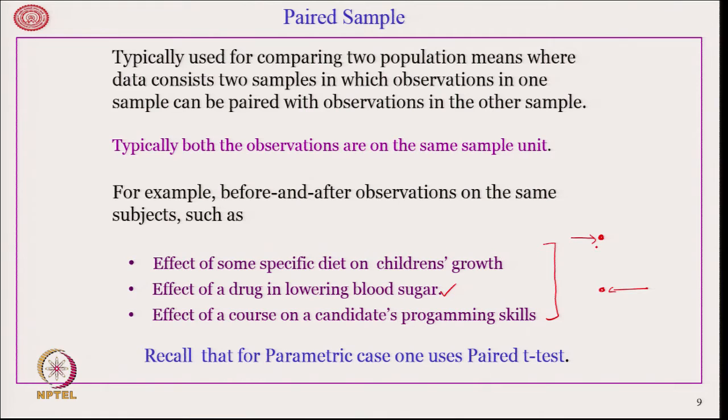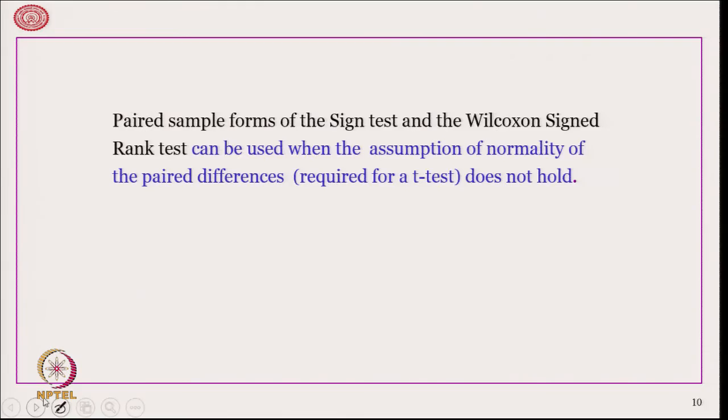This is the difference, which may be considered the effect of the drug, and then we need to see whether this effect is significant or not. That is why these are called paired sample tests. Recall that for the parametric case we use the paired t test for such situations, but the t test assumes normality of the data.